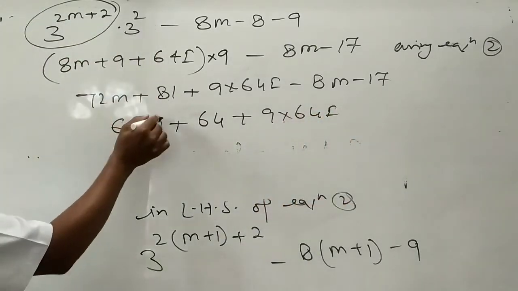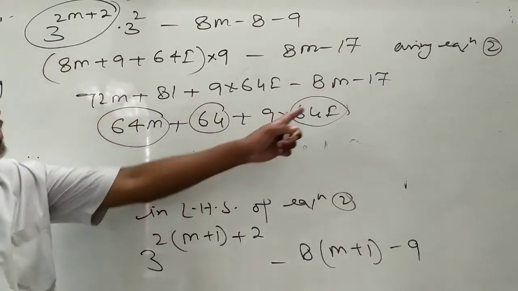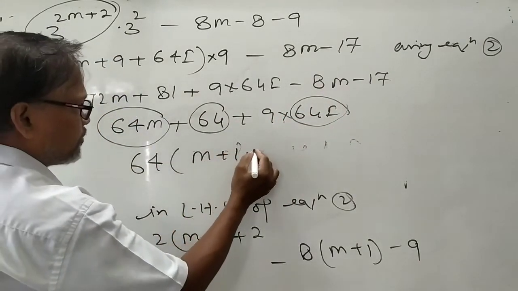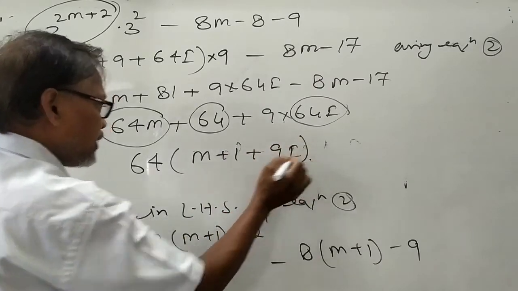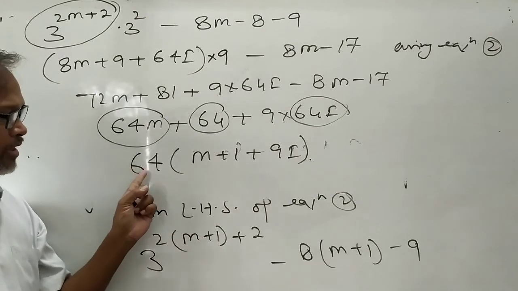Now see that in every term 64 is there. It means 64 you can take common. So m plus 1 plus 9i. Can you say this expression is divisible, a multiple of 64?